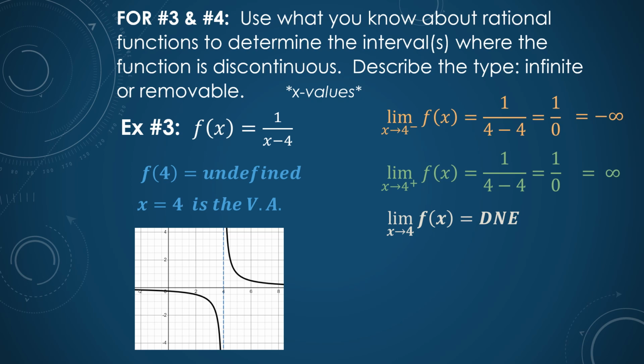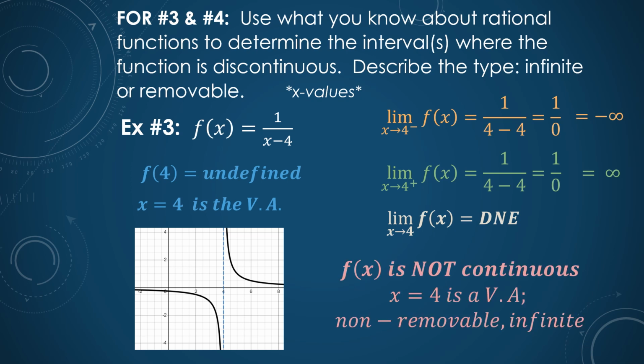Okay, so is the function continuous? Nope, it definitely is not. x equaling 4 is a vertical asymptote. We knew that from the type of function we recognized at the beginning, and we state that as a non-removable discontinuity, and in this case it's infinite because it's our vertical asymptote.